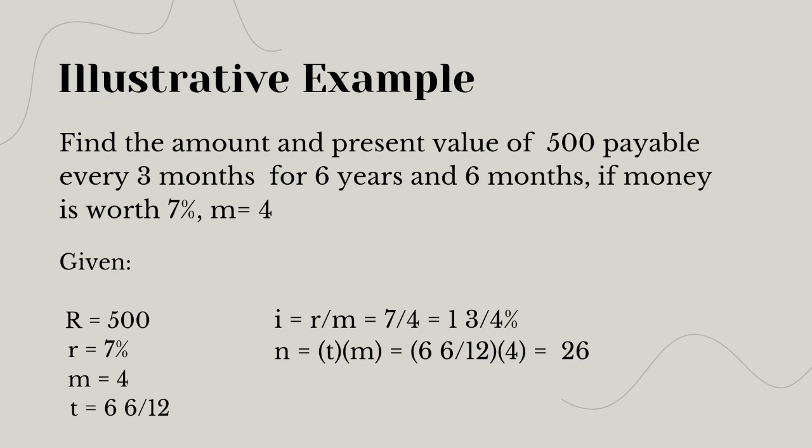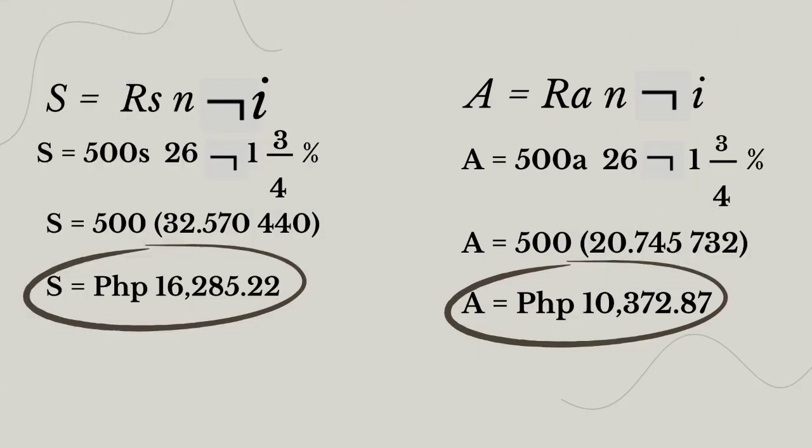I is equal to R divided by M, which is 7% divided by 4, and the result is 1 3/4%. And N is T times M, which is 6 years and 6 months times 4, and the answer is 26.